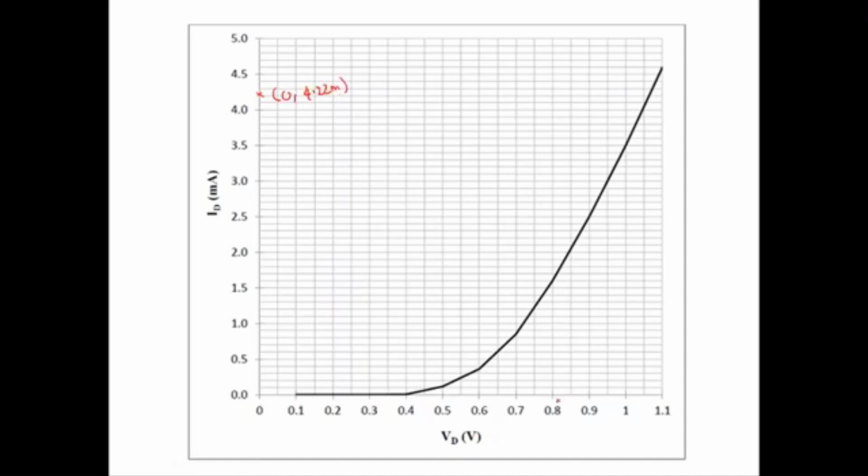And then the second point is when ID is 0 and VD is equal to 0.857. So this is 0.85 here, and 57 I think let's say we put here. So this is 0.857 and the coordinate is 0.857, 0.